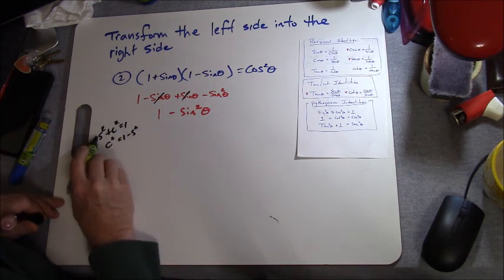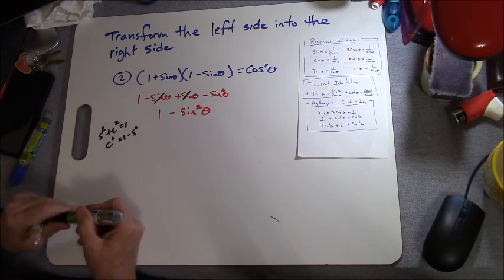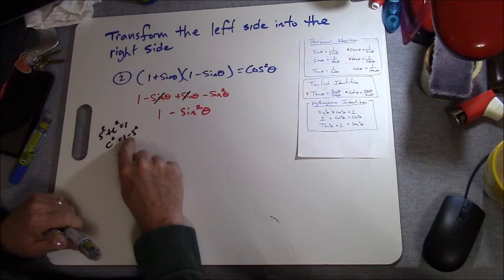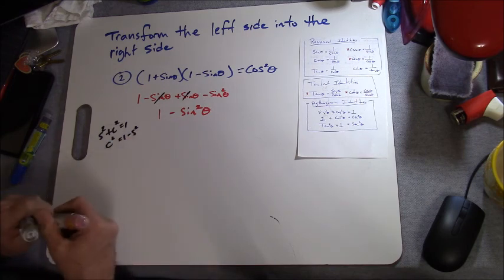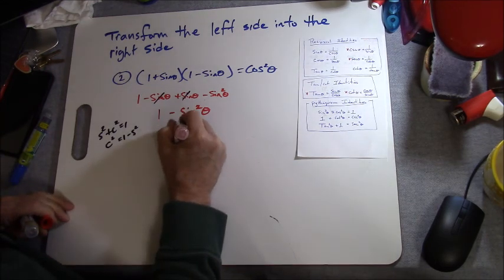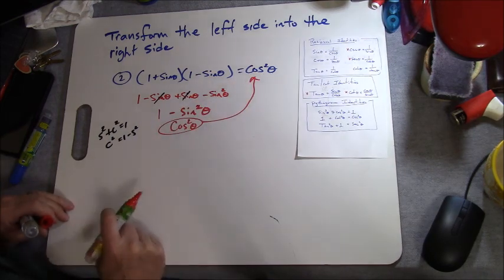So we just took this piece, moved it to the other side, and did the opposite. So all that does, off to the side, is tell me that this is really equal to a cosine squared. And there it is. That's what I was trying to get to.